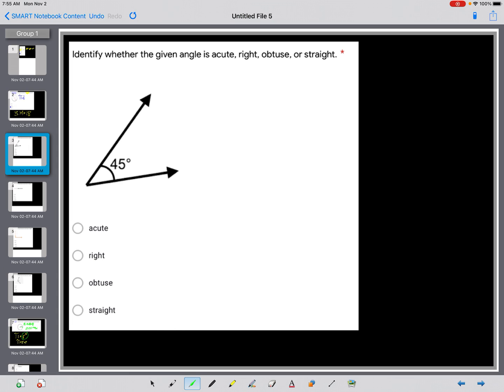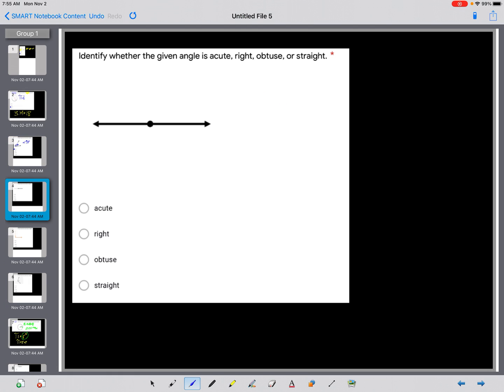You're going to be asked to identify acute, obtuse, and straight angles. Anything that is less than 90 degrees, those are acute. And so this one is an acute angle. This is a straight line, obvious, 180 degrees.